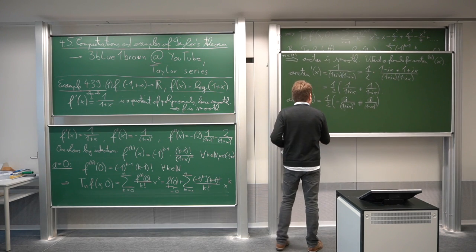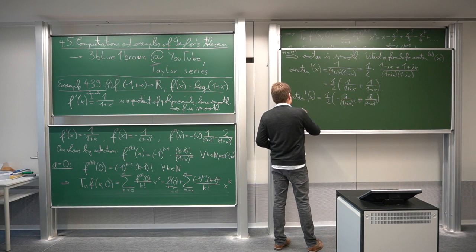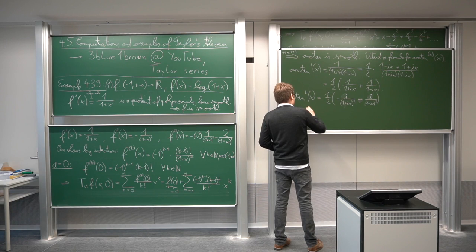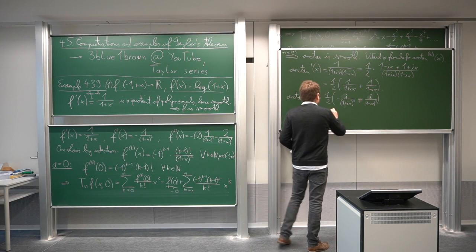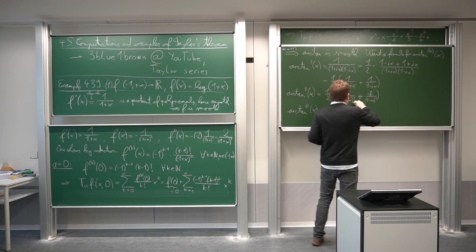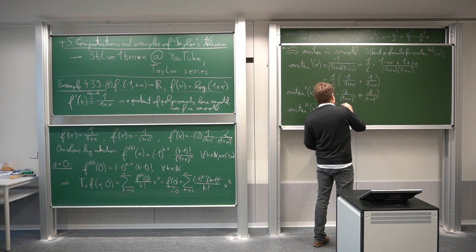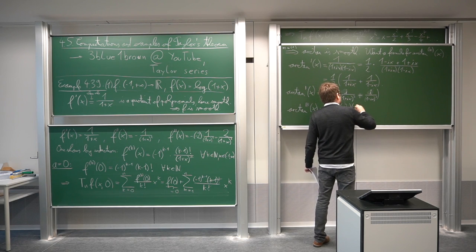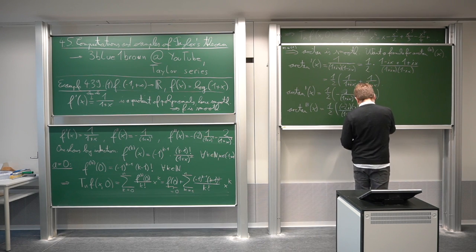So in the same way, you can compute the third derivative of arctan. This is 1/2, and now we do the same. I just write down the results. So this is basically again applying this rule. This is minus 2i times minus i divided by 1 plus ix to the power of 3. Again, just chain rule computation. And here we get 2i times i divided by 1 minus ix to the power of 3.